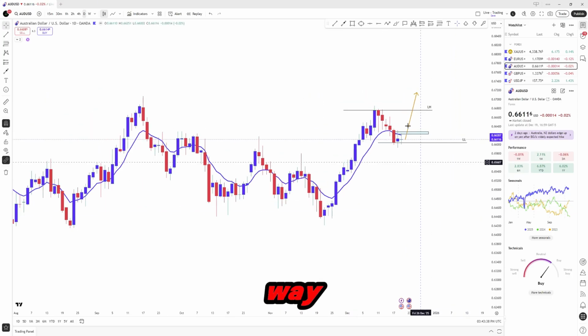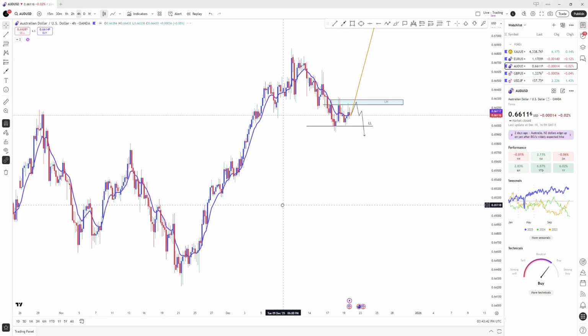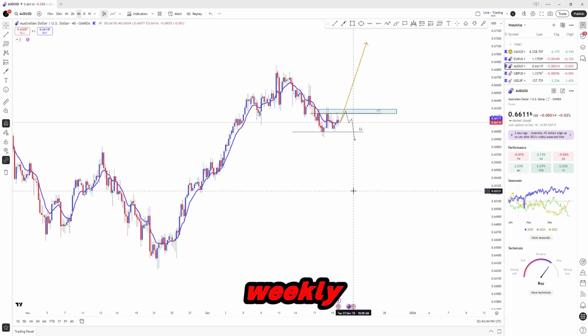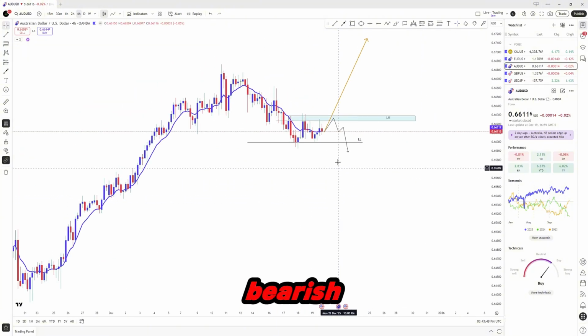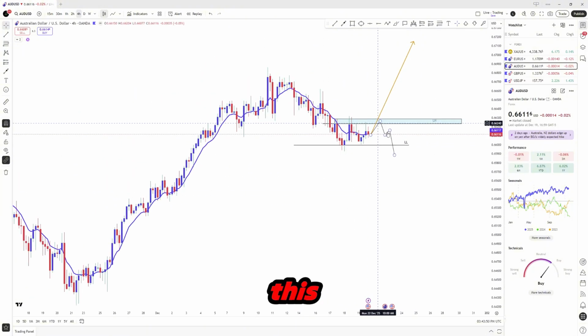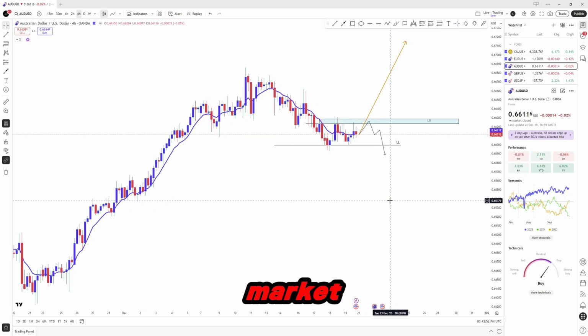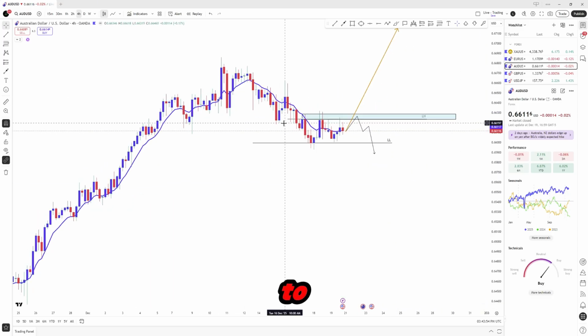That's the only way this will go back to bullish. But as of right now, even though the weekly is bullish, this market is bearish. So this is what I will be looking for the market to do this week to continue the downtrend.